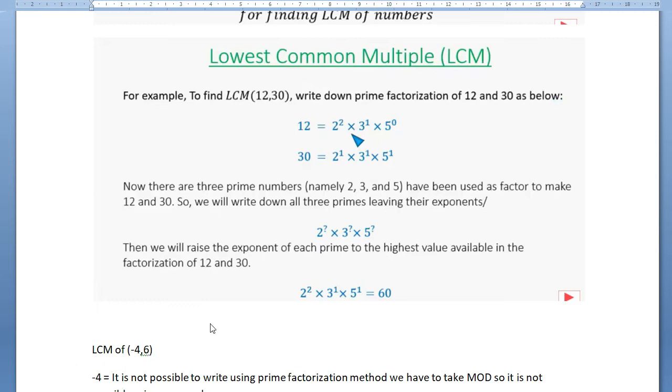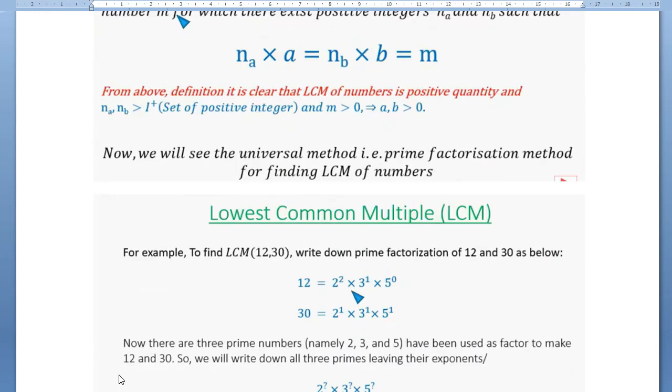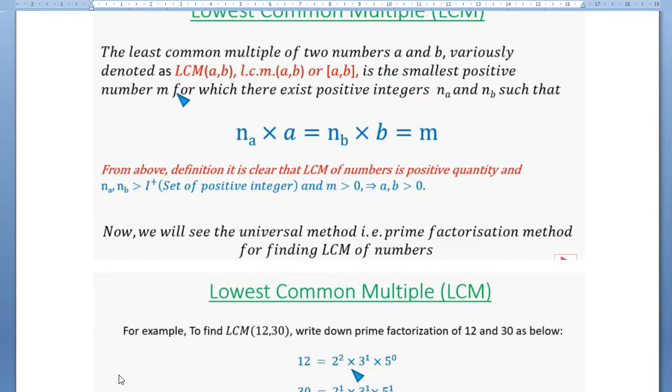Because using prime numbers you cannot represent minus 4, because if you try to represent it, it goes to the imaginary number. The concept of imaginary numbers is different, but here, as per the definition of the set of positive integers, it is not possible.